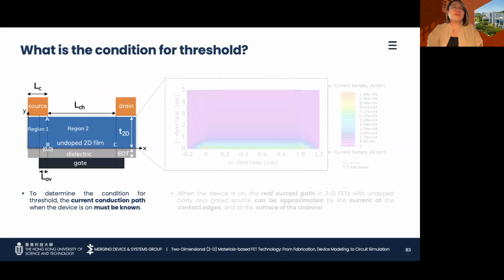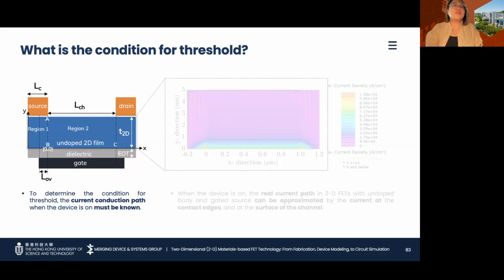So, to determine the condition for threshold in 2D FETs, the current conduction path must be first identified. As I mentioned earlier, there were two trajectories which are reported to describe how carriers are injected into the channel, either aerial or near edge.